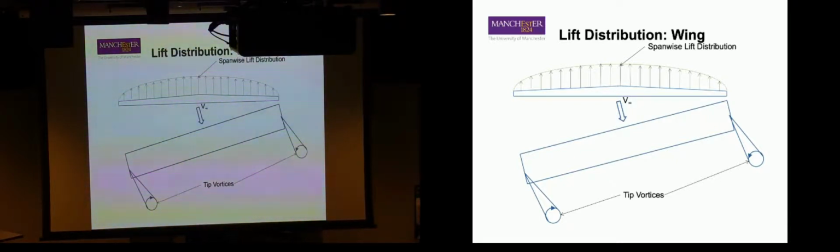Now, the shape of that spanwise distribution, how smooth and gradual that change is, is what gives you the amount of what we call induced drag. That's the drag due to lift. The sharper, the steeper that curve is at the end toward the wingtip, the more induced drag we get.